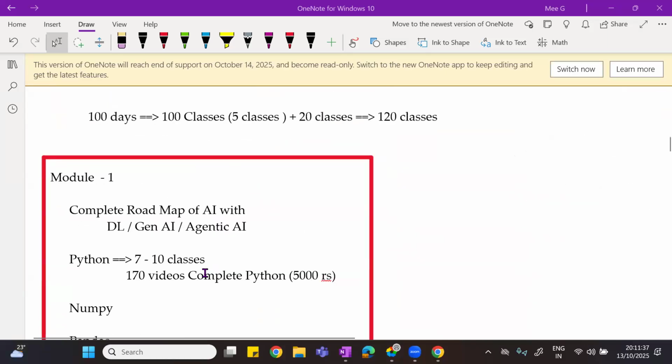I think I mentioned it over here. 7 to 10 classes. Python. Yeah, 7 to 10 classes.